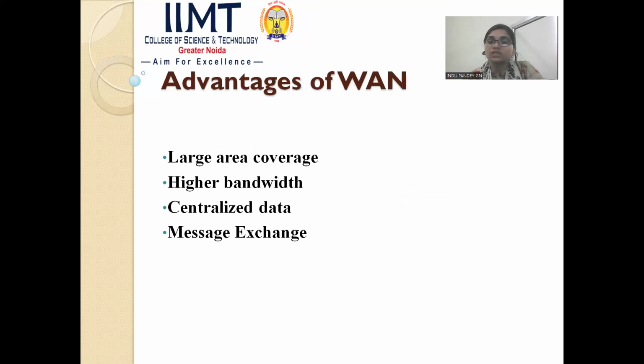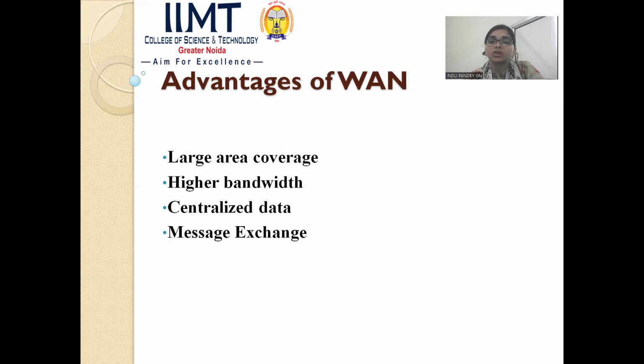Coming to the advantages of WAN, it has a large coverage area and it allows a larger number of devices to get connected to each other. Higher bandwidth, or higher capacity of holding devices, is one of the very important advantages of a WAN connection. Centralized data means the data is stored at a particular server and various other devices can access it at the same time.